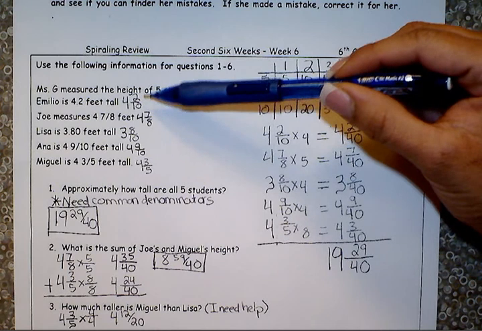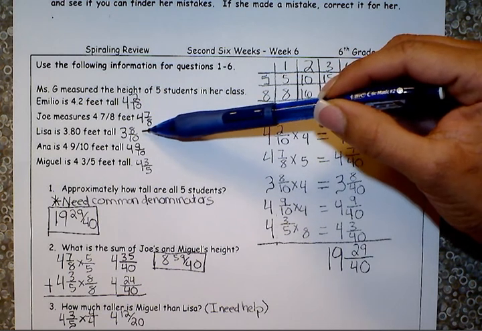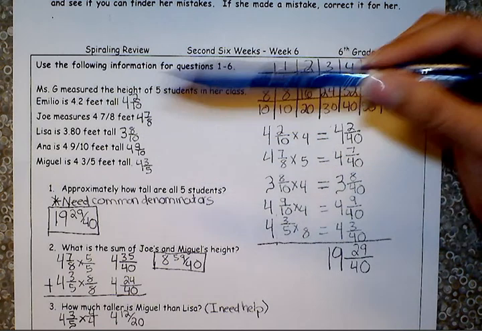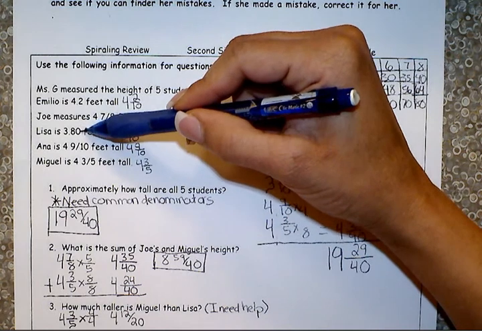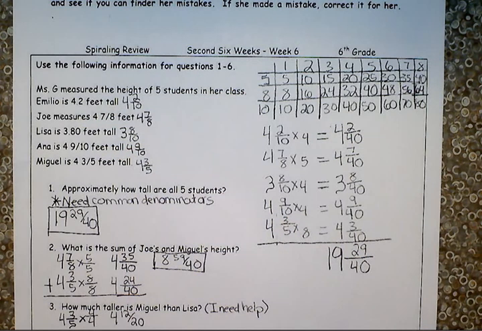Very good. Now here you put 3 8/10. Why didn't you put it over 100? Well, because if I took off that 0 right here, it doesn't change because I can do 3 80 over 100, and when I reduce it, I still get 3 8/10.